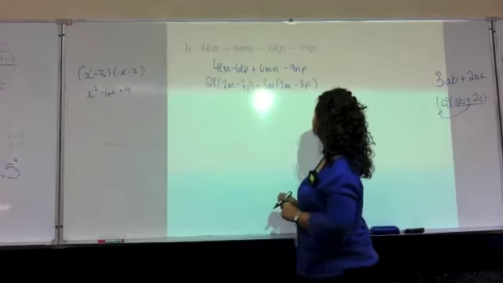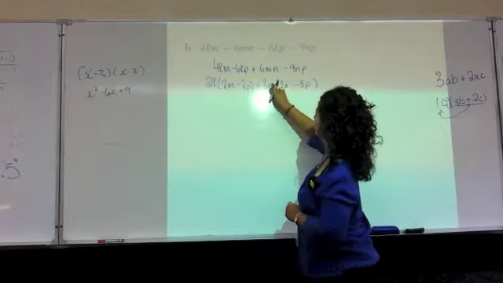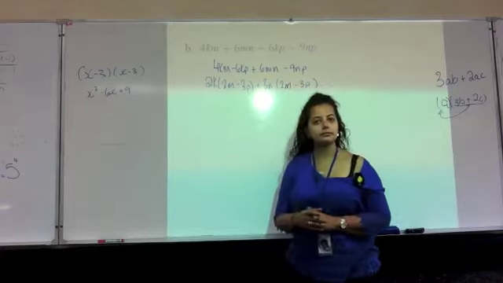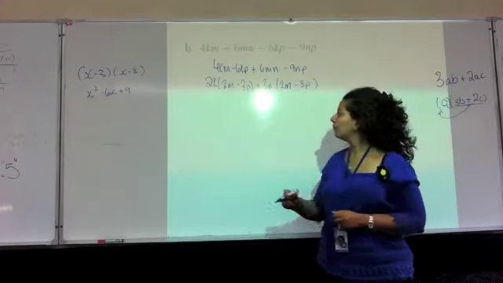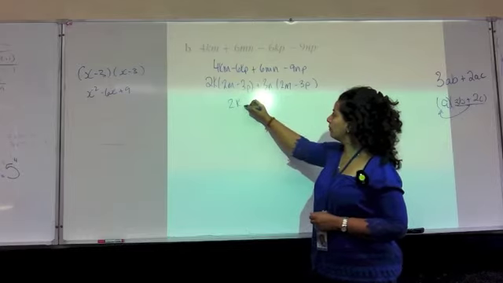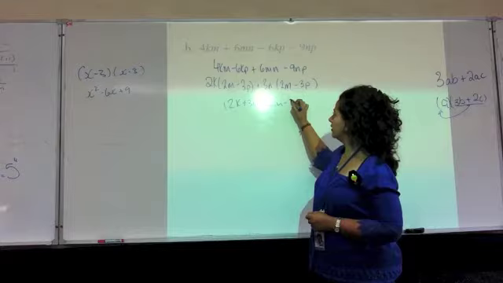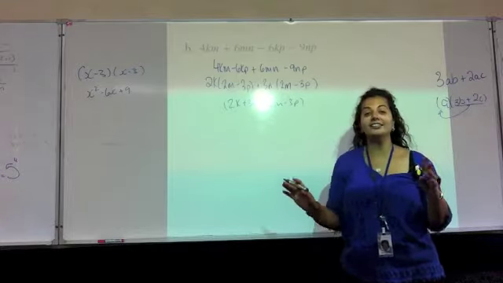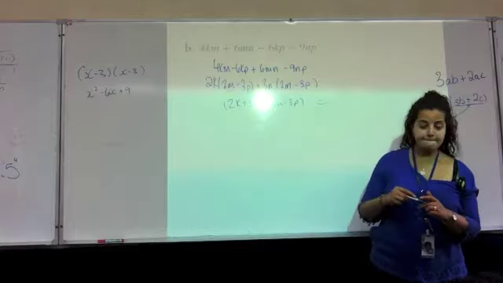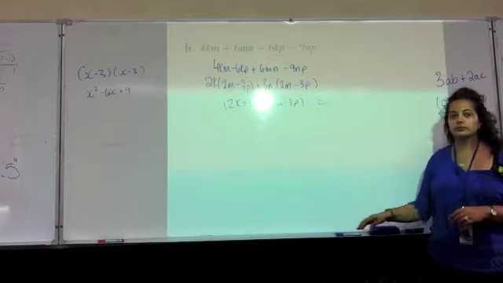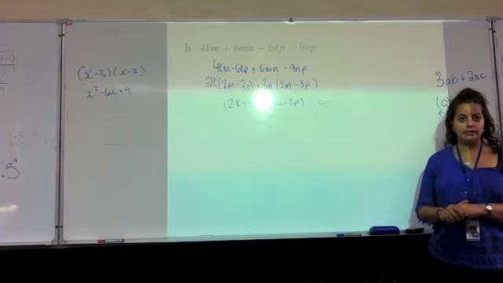So you got 2k plus 3m in brackets, and then 2m minus 3p. Why do you guys love putting the factors second? That's fine. You'll still get it right. Okay. That's how quick I want to see it. Good job.